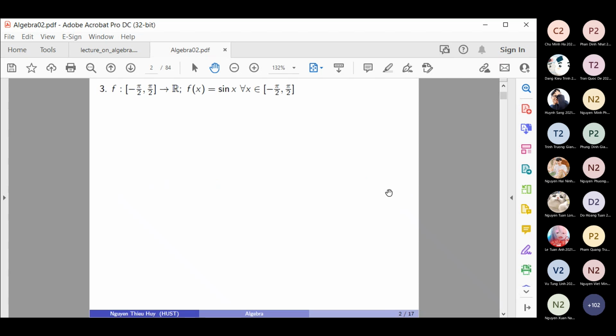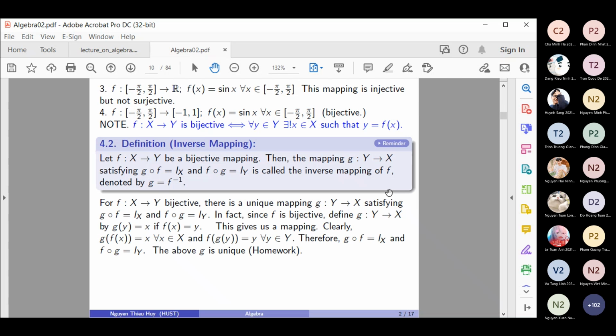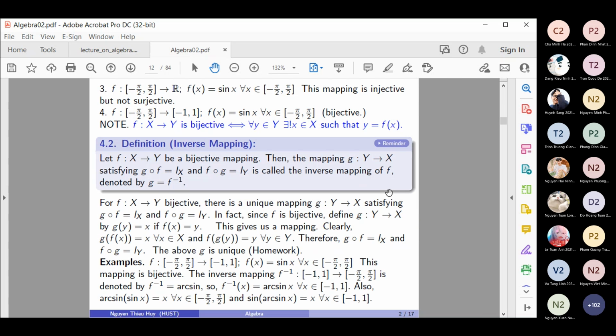I'll return to the slide, and you already had this mapping f(x) equals psi of x. If you consider the domain as R and the range as R, then this is not bijective.